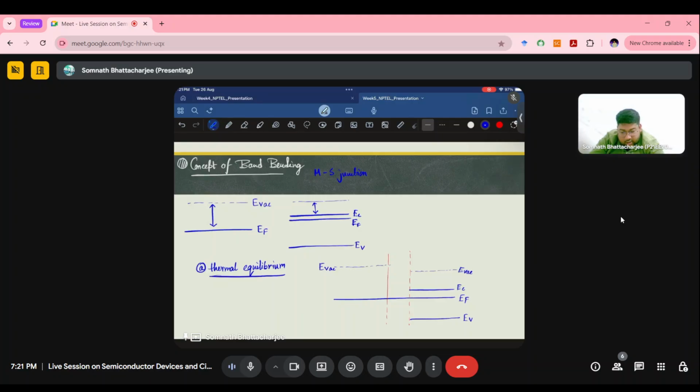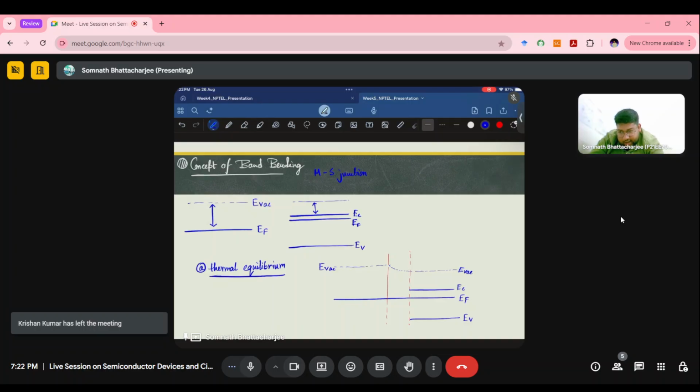As we know, this difference between the conduction band and the vacuum level is also constant. So there is a phenomenon of bending. There is a bending in the bands in the case of semiconductors, not in the metals. Metal bands remain exactly the same, but there is a slight bend in the semiconducting layer.